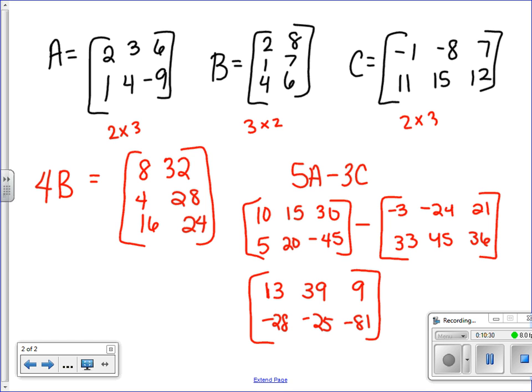So it's not difficult. It takes a little bit of time, especially when you don't know your multiplication facts. That's going to take you a minute, but it's not difficult.